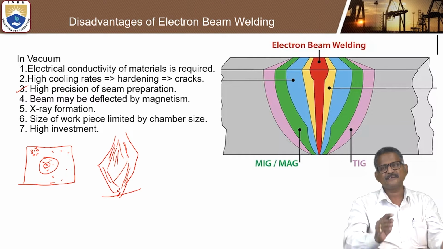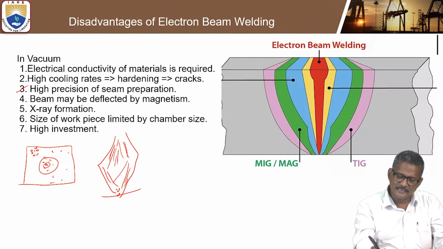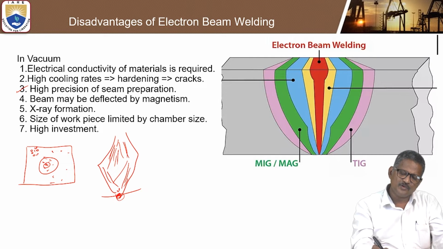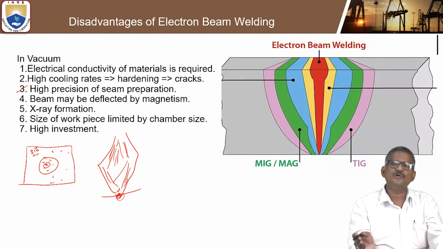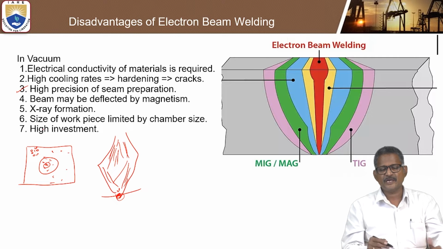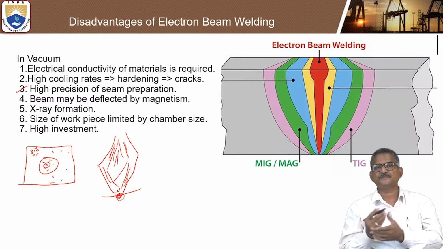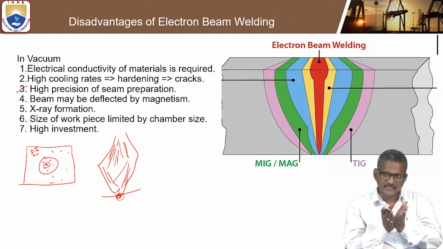So that is why the kinetic energy can be converted to heat energy at high temperature. At this time more temperature will be there, so the cooling rate also must be managed in order to have a good quality of welding. Another important point is that the beam may be deflected by magnetism. When that happens, the beam may change slightly.